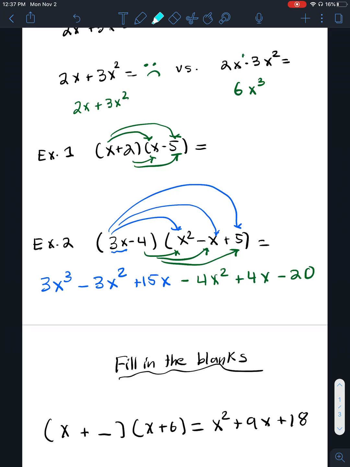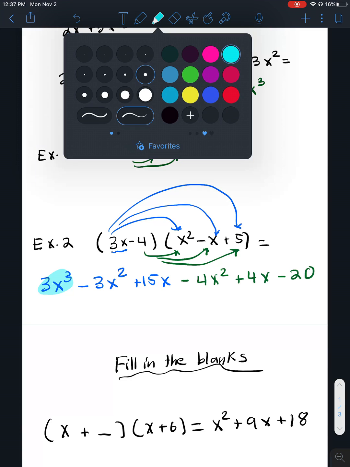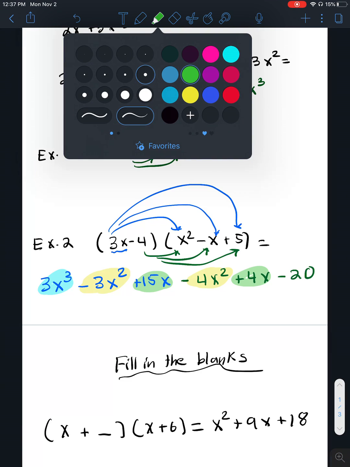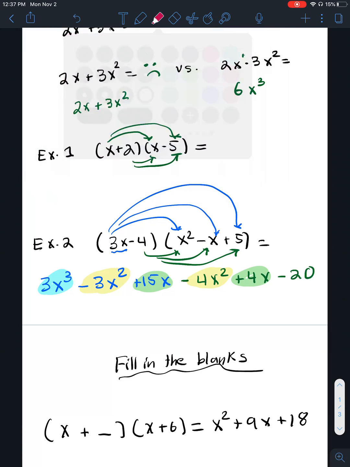Now we get to highlight, which is so fun. X cubed only has one thing, so I'm done using that color. On to the next color. I'm going to highlight all my square terms, and then my x terms, and then my constant by itself. We don't really have to highlight it, but we just want to make the term feel included.